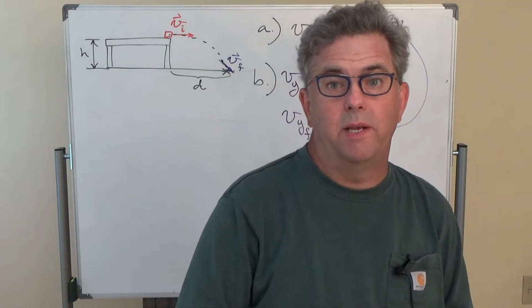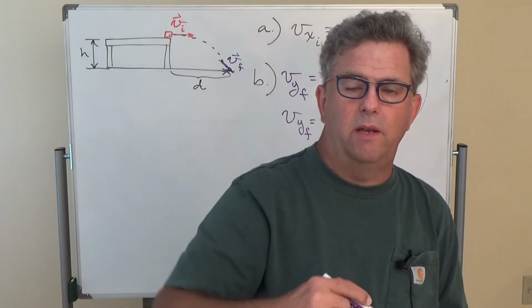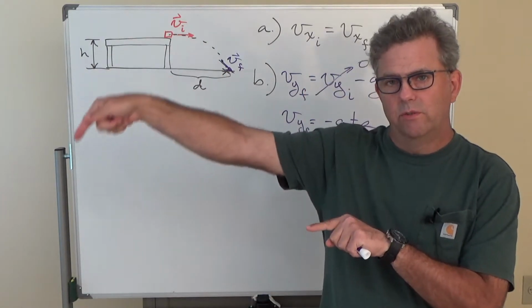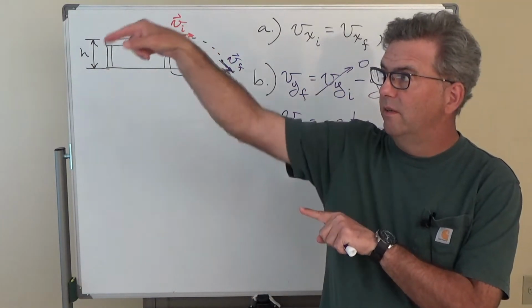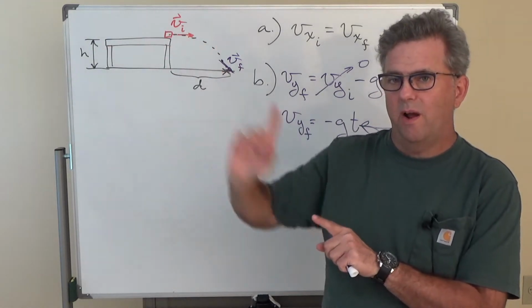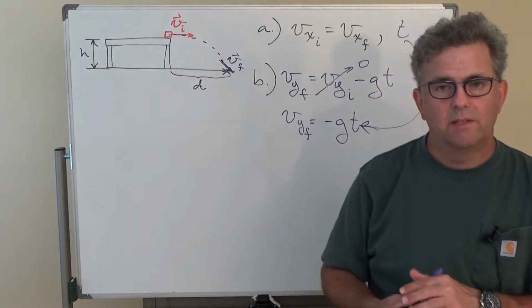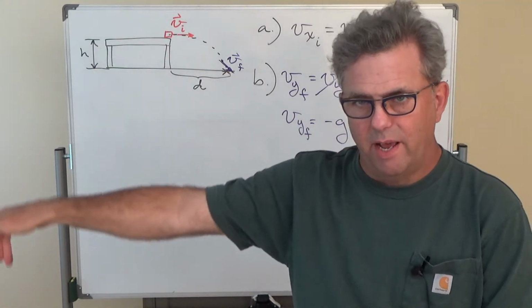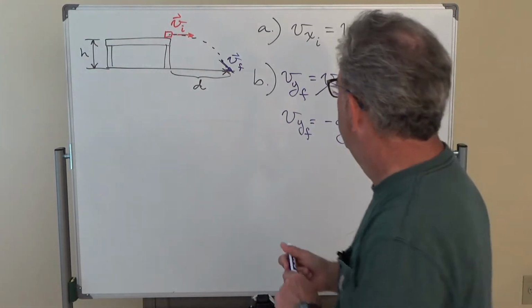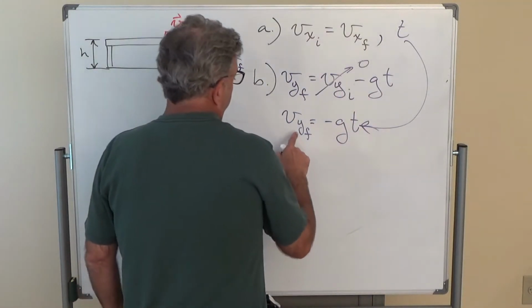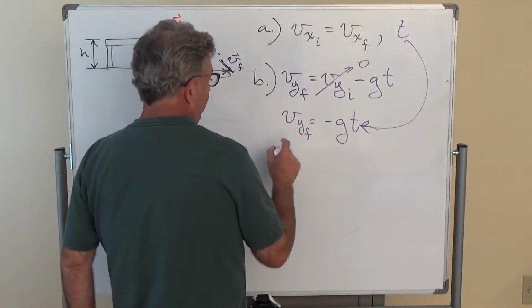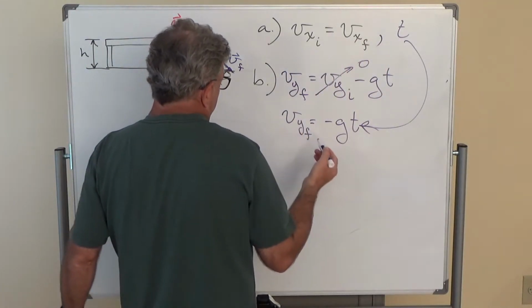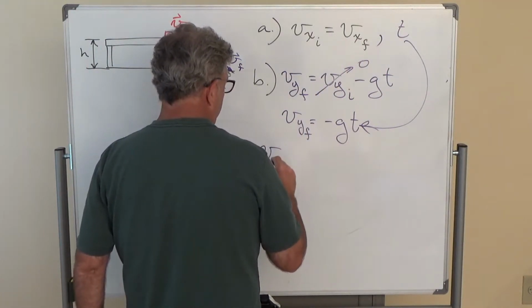Vy final better be negative because the object's falling. If you had a projectile that was traveling like this, rising, rising, rising, that's different. You have a positive y velocity, then a negative y velocity. Knowing Vy final from the information in part A, do what we always do.